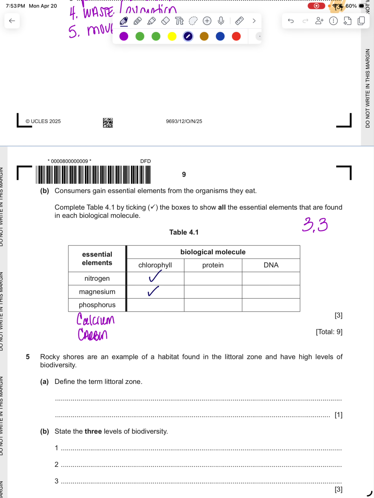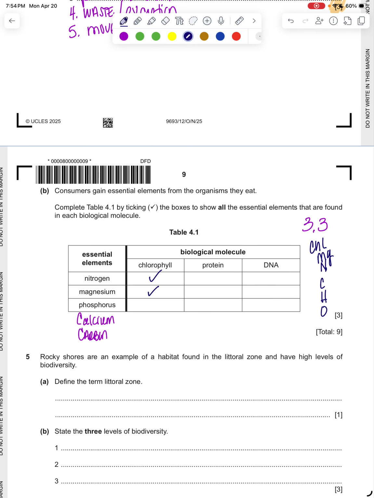And on October-November paper 11, 2025, they had a question, state 2 elements that are found in chlorophyll. And I don't remember the chlorophyll formula off the top of my head. It's something big. But for chlorophyll, you could say, obviously, magnesium, nitrogen, carbon, hydrogen, or oxygen.